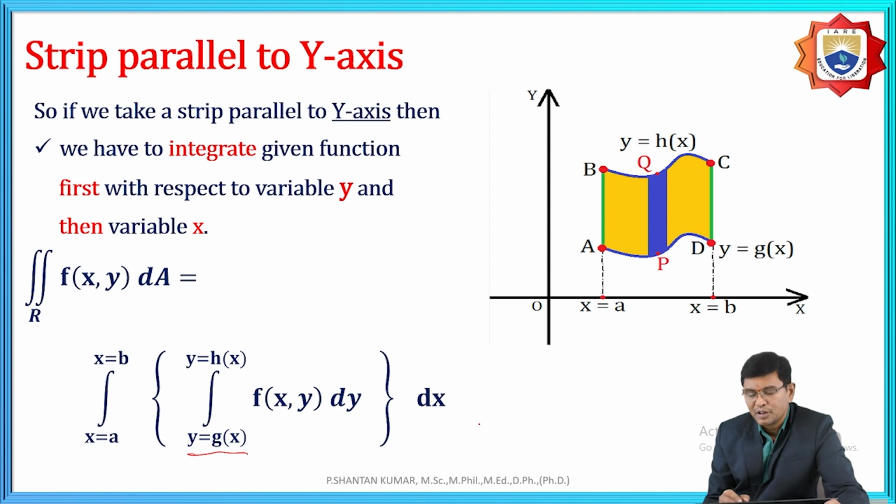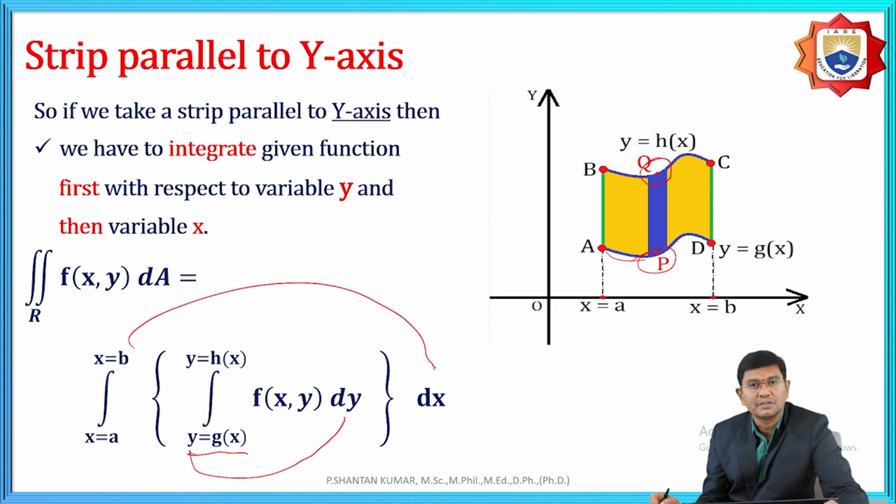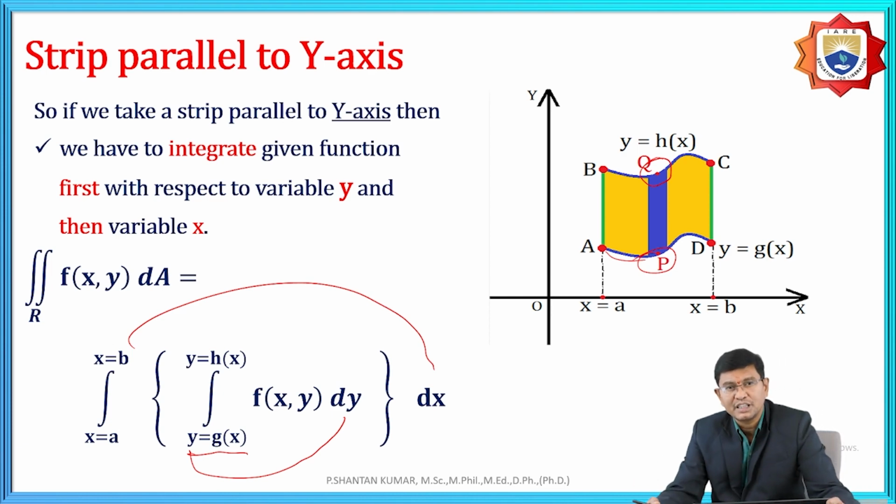The lower curve is g of x, and the upper curve is h of x. Since it is in terms of x, we integrate first with respect to y, and then with respect to x.